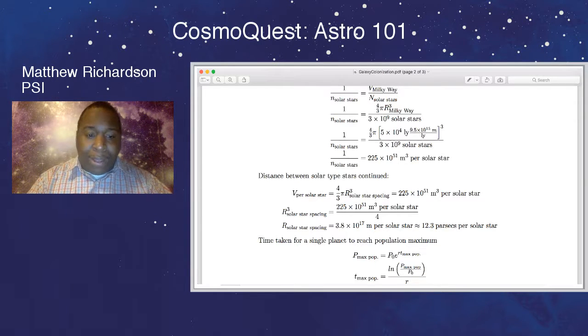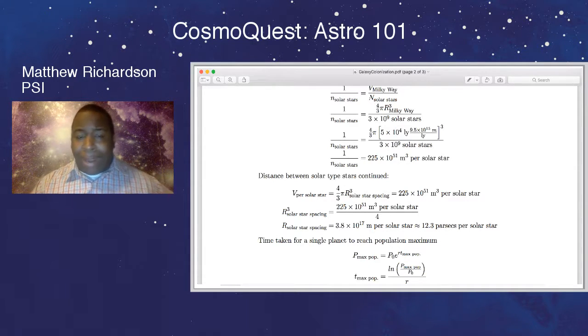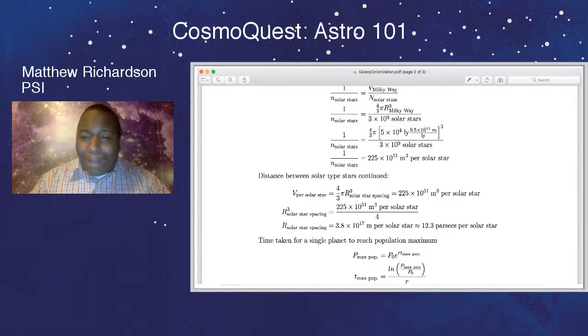Solving for that radius, we get something on the order of 12.3 parsecs per solar star. I converted from meters to parsecs because, again, I can't imagine meters that big. Parsecs makes a little more sense.